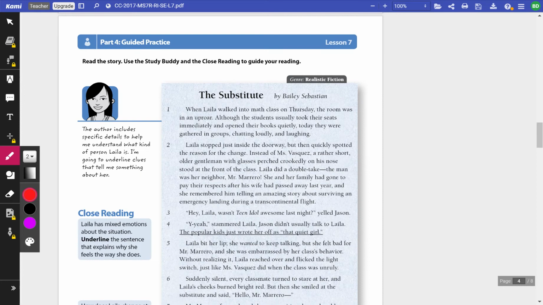As you guys know, the first thing that we do is rewrite the title of the lesson at the top of the page. And as you know by now, the title of this lesson is Determining Theme.